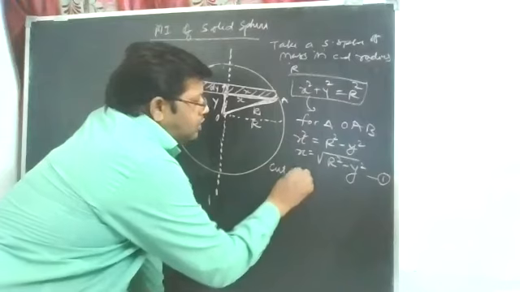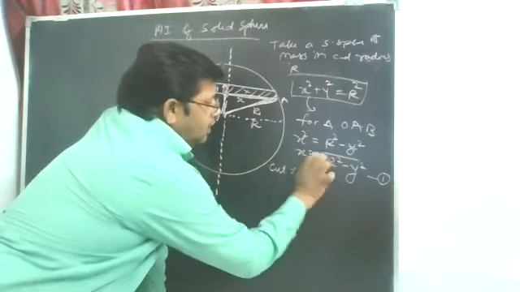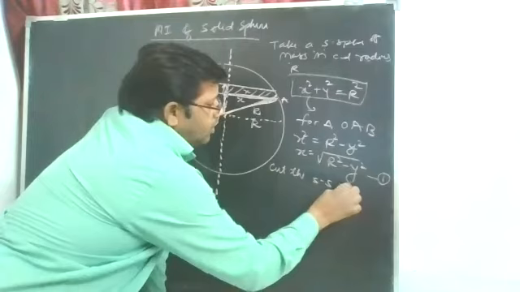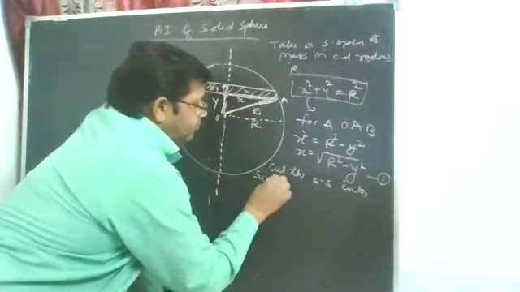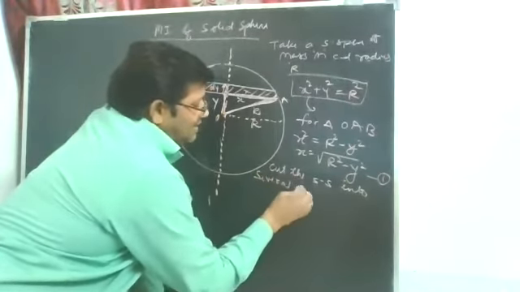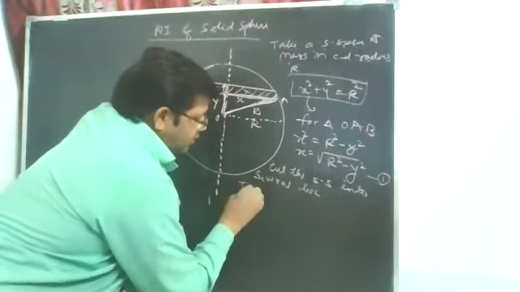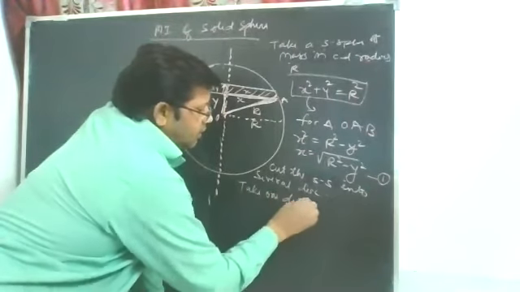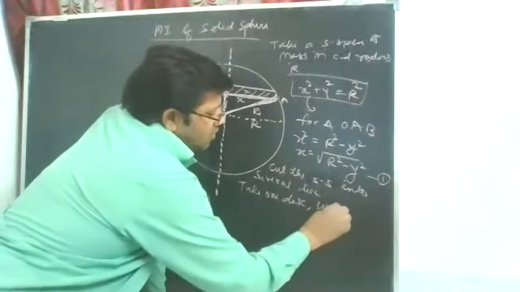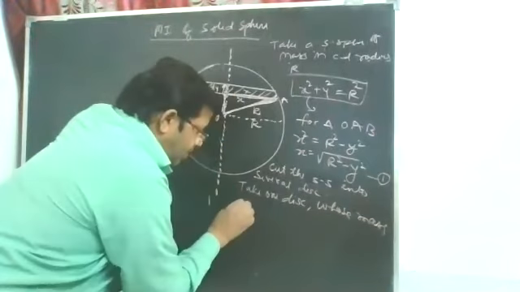Cut the solid sphere into several discs. Take one disc whose mass is dm.